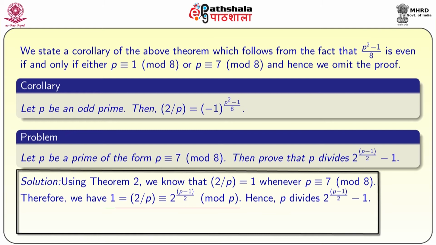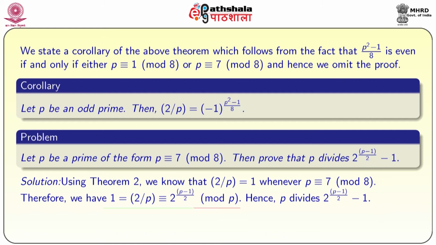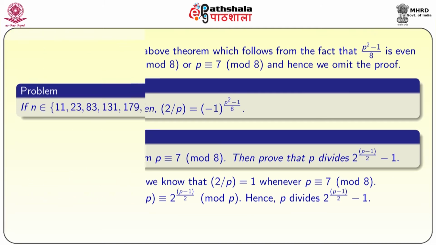Therefore, 1 is equal to (2/p), which is congruent to 2^((p-1)/2) modulo p. So, obviously, p divides 2^((p-1)/2) minus 1. As we know, A congruent to B mod n implies n divides A minus B. So, from that we will get this part.